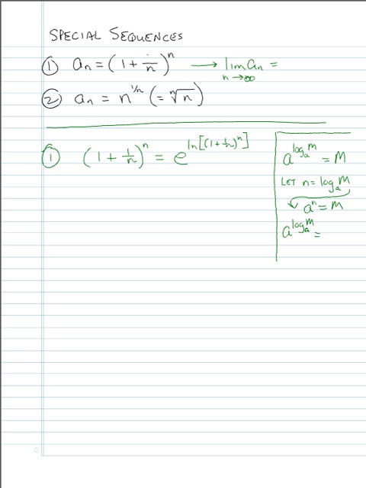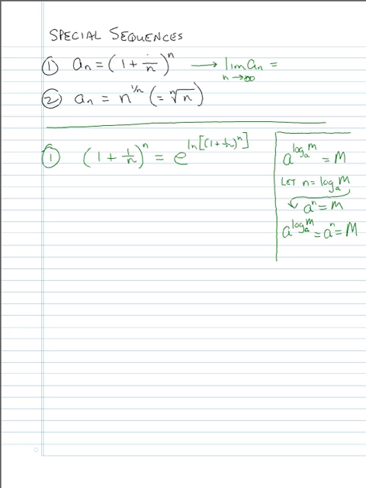And a moment ago, I called the log of m base a lowercase n. And when I changed that form, I found out that a to the power lowercase n is equal to m. After all, the log of m base a is the exponent we put on a to get m. Since we're putting it on a, we get m.